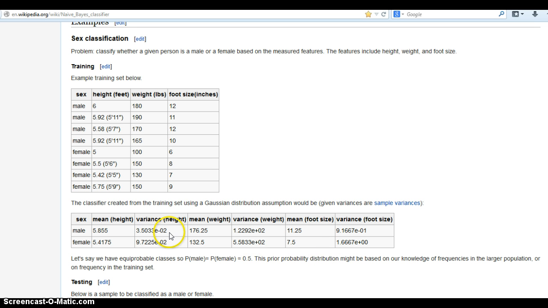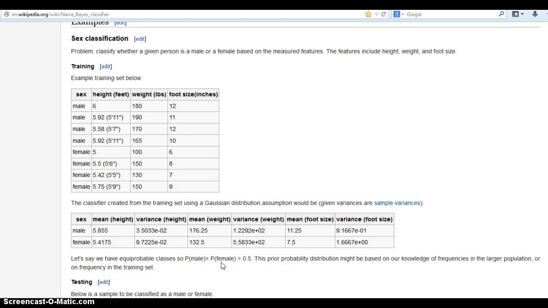Now that we have this data based off our training set, we want to start running some test samples through this. Also, based off the assumption that we're only looking for a male or a female, we can determine that the priori term is 0.5 for both the male and female.